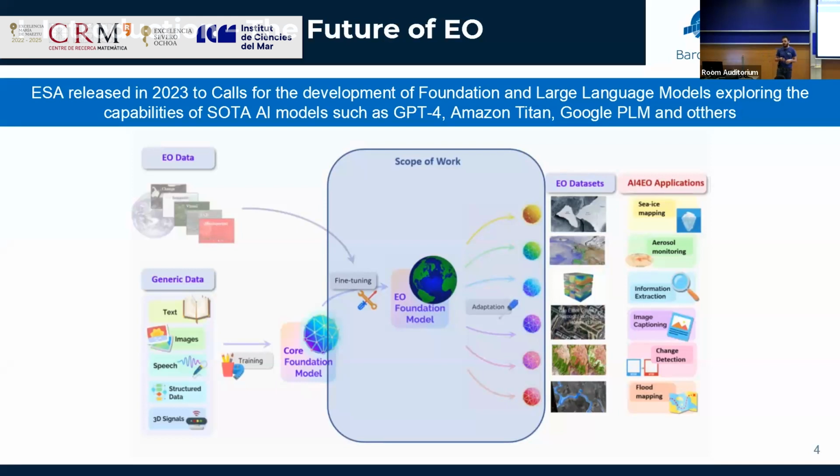Similar to ChatGPT, you introduce your query, and that triggers a processing chain that gives you back the level of information that you are aspiring to get. This is going to be quite big, actually, and is expected to introduce opportunities to develop a huge number of AI for EO applications, artificial intelligence for Earth observation. So in the coming years, this is going to be very, very important.